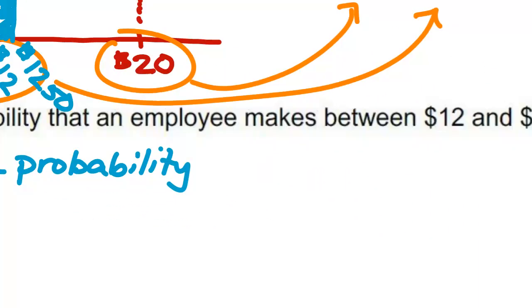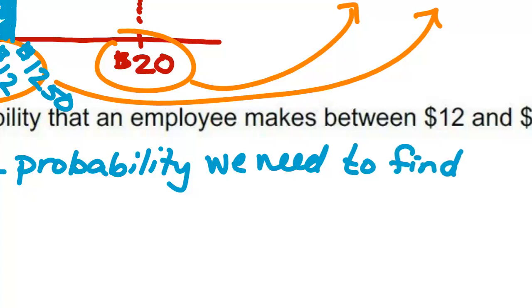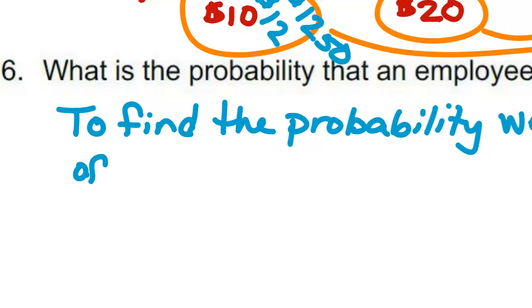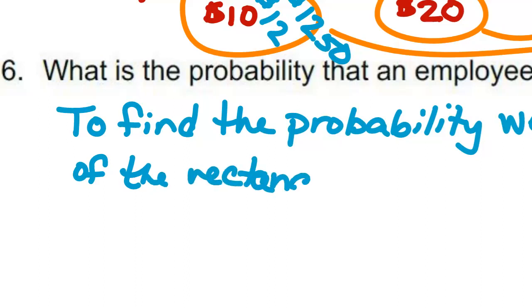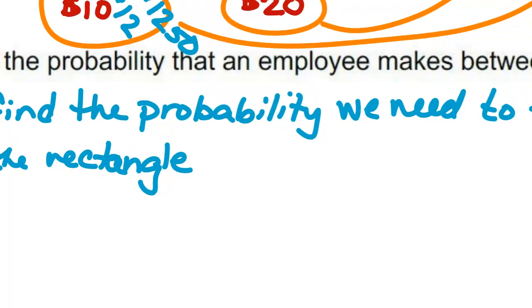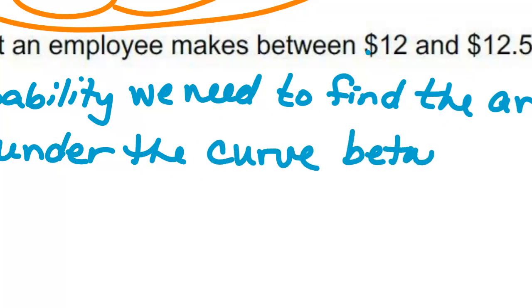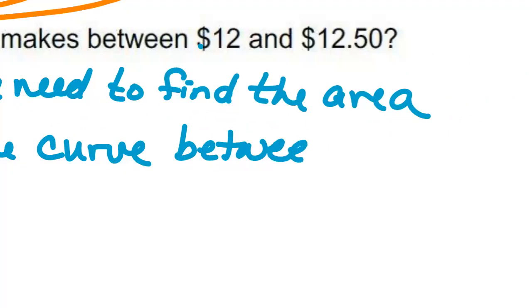To find the probability, we need to find the area of the rectangle under the curve between 12 and 12.50.